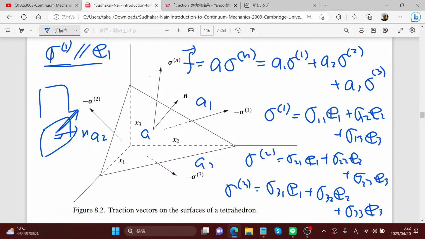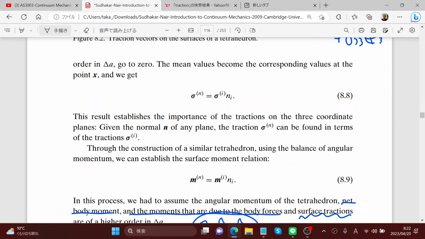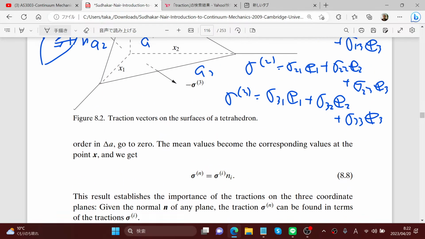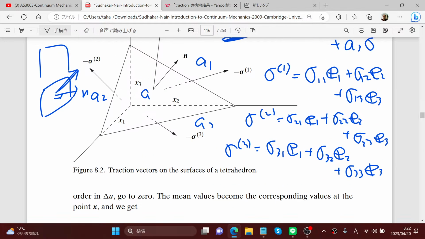And this sigma n is a little bit strange. So how do you write sigma n? I'm not so sure about this n.